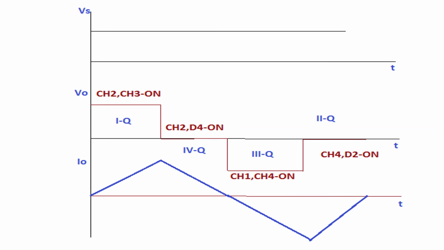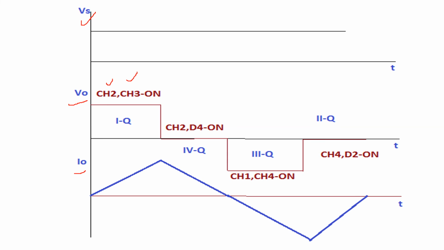Now by using the above discussion we are going to draw the waveforms. Waveforms are very easy. Consider the input voltage to be a constant DC voltage, and we are going to consider the load voltage as well as the load current. In the first case, we consider choppers CH2 and CH3 are in on state.